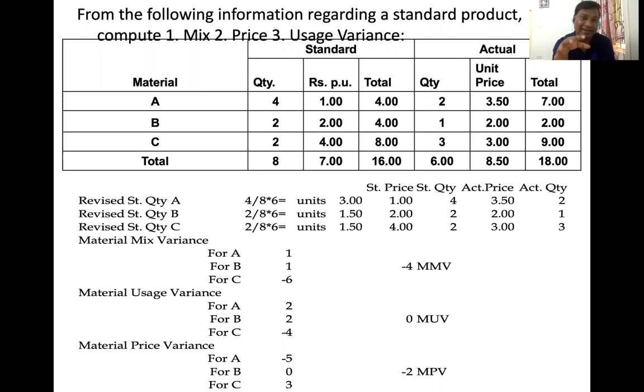The standard is that up to 20% wheat flour is allowed, but if you are adding beyond that or less than that, there is a variation. That's called material mix variance. Just to make you understand in an easy way, I've taken a simple example. So that's material mix variance.